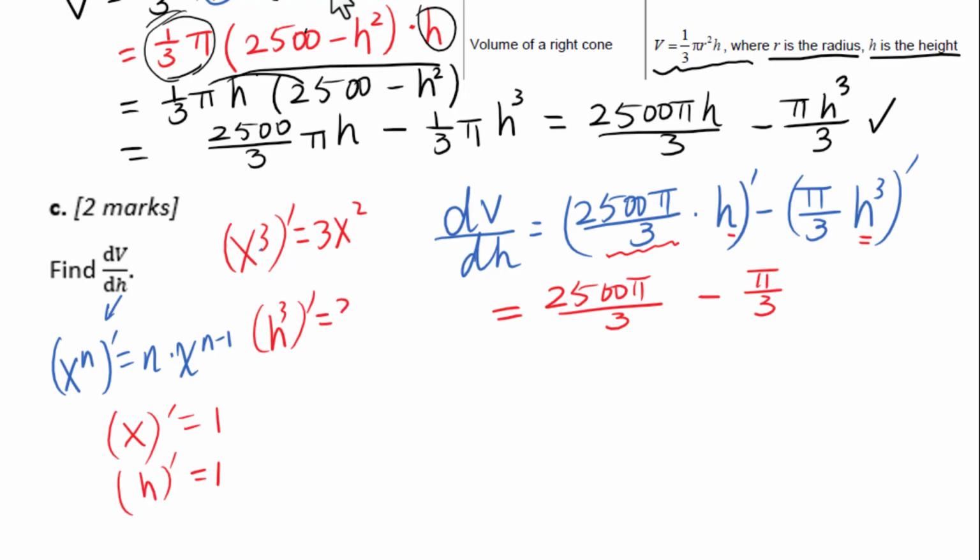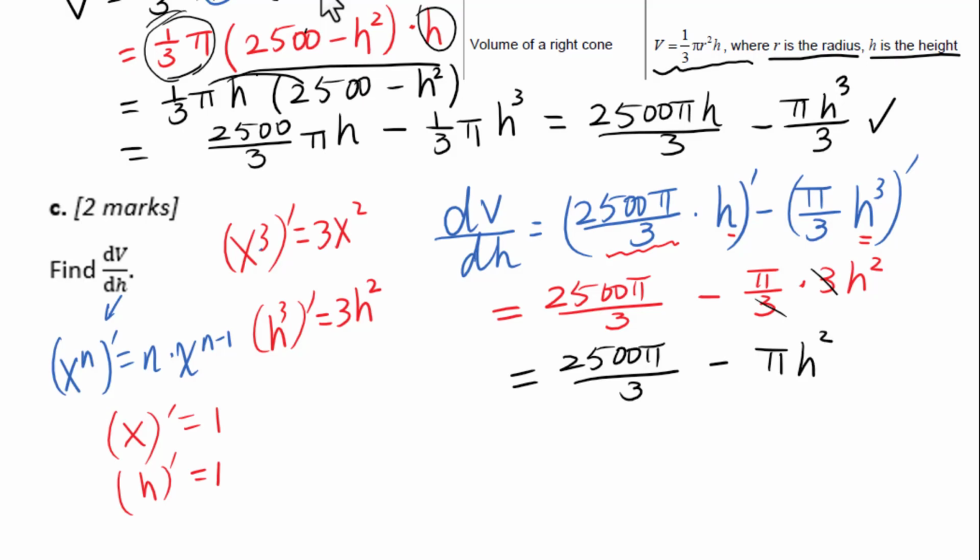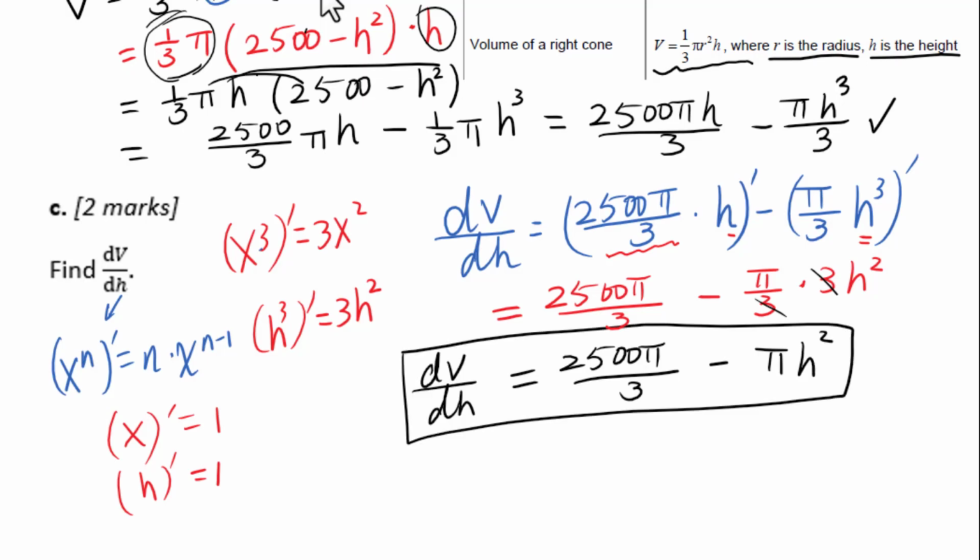So we have 3h squared times pi over 3. Then reduce. Then dV/dH equals 2500 pi over 3 minus pi h squared.